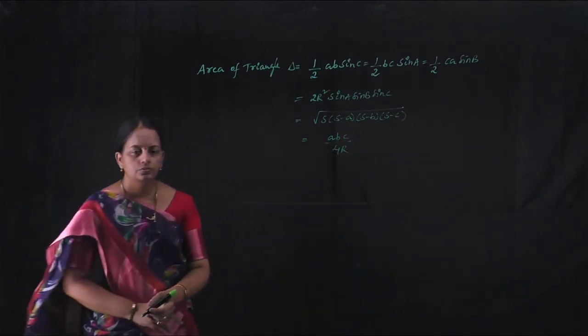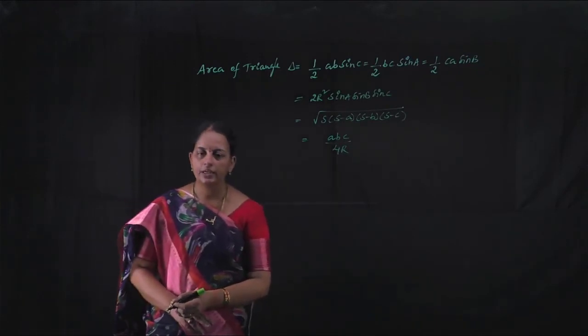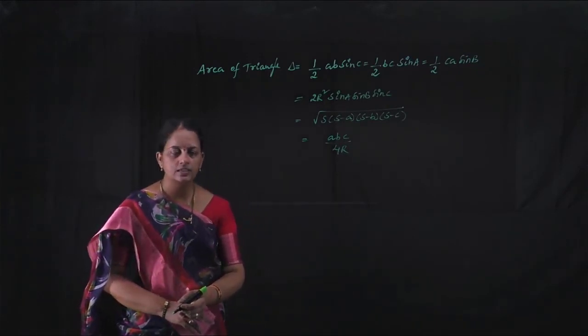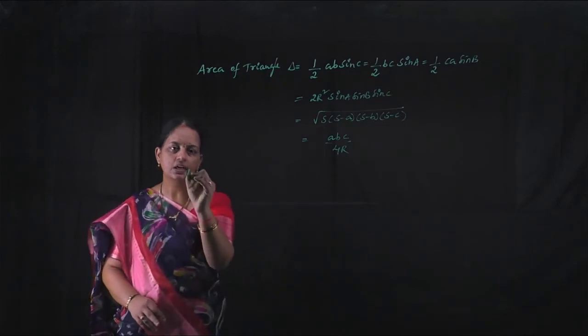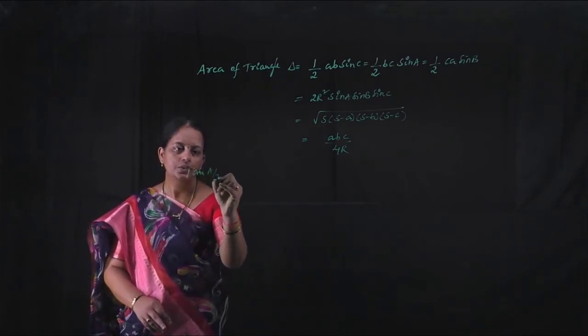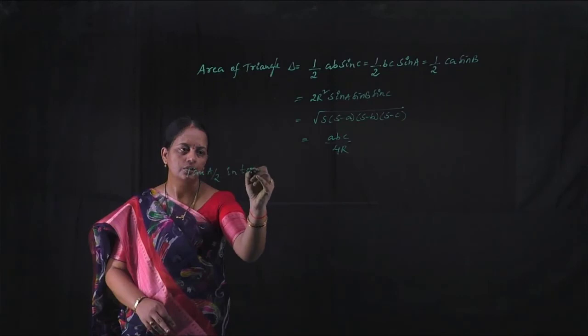Now, we can write the formulae for tan A by 2, tan B by 2 and tan C by 2 in terms of delta. Tan A by 2 in terms of delta.